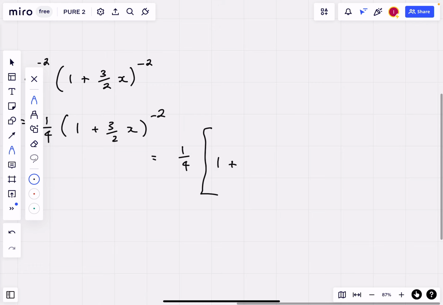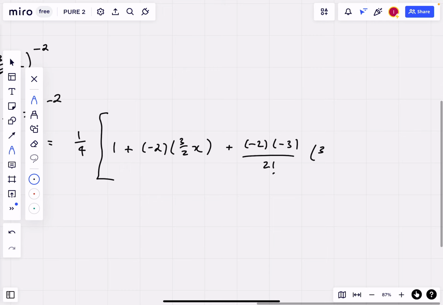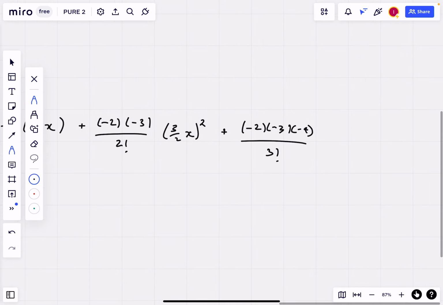So when you're plugging everything in: 1 plus nx plus n times n minus 1 over 2 factorial, x squared, n times n minus 1, n minus 2, over 3 factorial, x cubed.